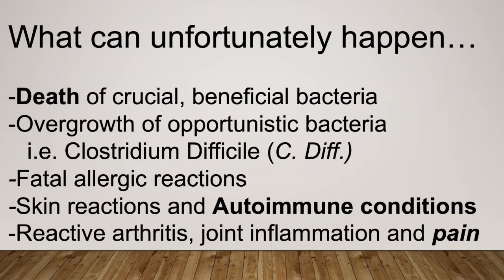This causes an opportunity for overgrowth of opportunistic bacteria, and one that's very common, a lot of people have heard of this one or they've had it, is called C. diff or Clostridium difficile. Very, very common in hospital settings if you've had antibiotic treatment in a hospital setting. Very, very, very common. And there are also fatal allergic reactions in men, women, and children, young and old.